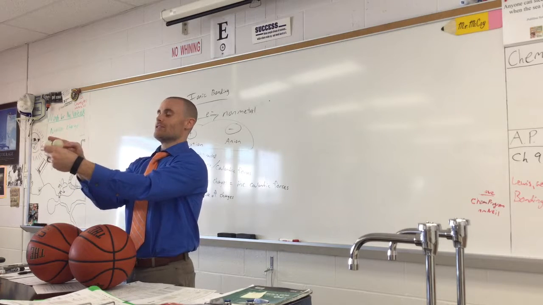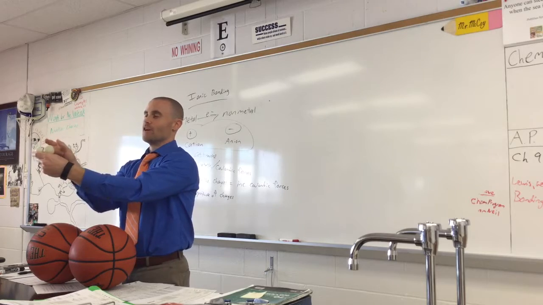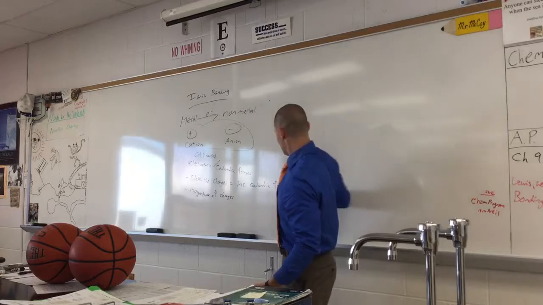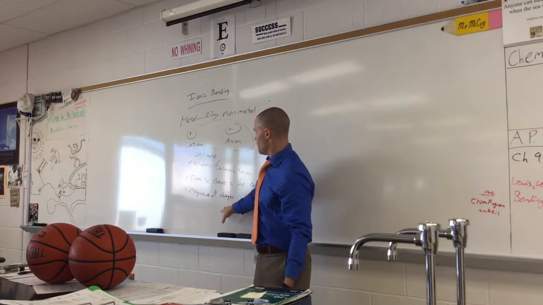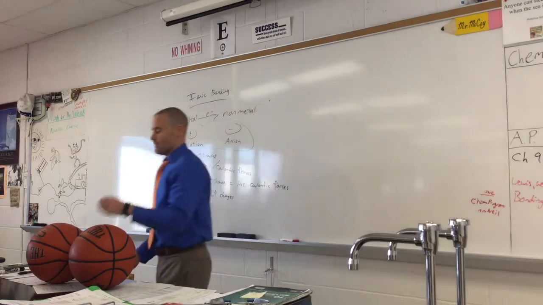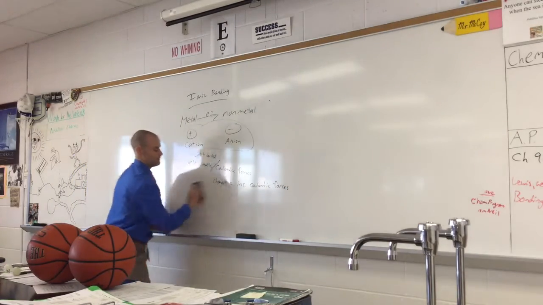So the nuclei of this ion and this ion are very close together. What we need to write down somewhere over to the side or underneath is that the smaller the radius, the closer they can get together, right? So I'm going to write that.